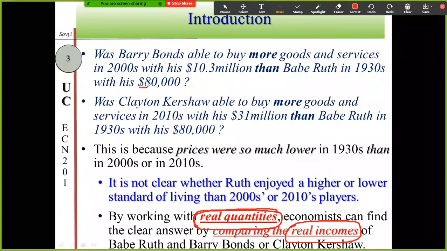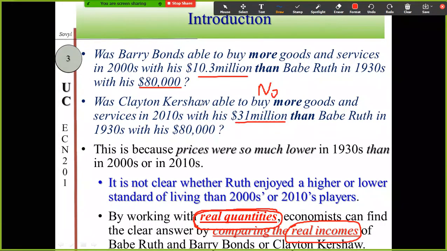How about these: $80,000, $10.3 million, $31 million? Are these real income? No, they are not real income. So what are they then? They are nominal income, or money income.